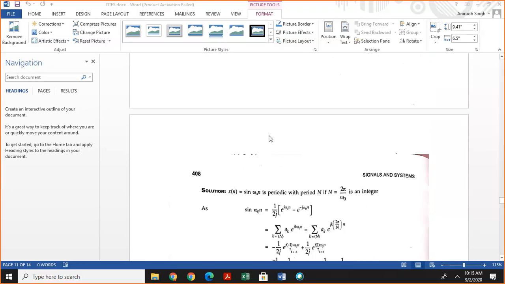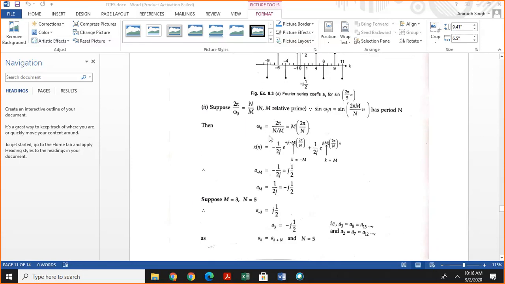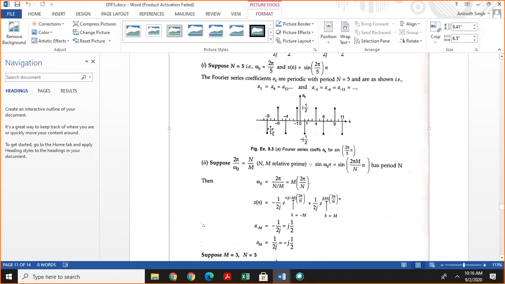In this case, the period is not given, so we suppose that the value of the fundamental period is N equal to 5. So omega naught is equal to 2 pi by 5, and x of n is given by sine 2 pi by 5 multiplied by n.